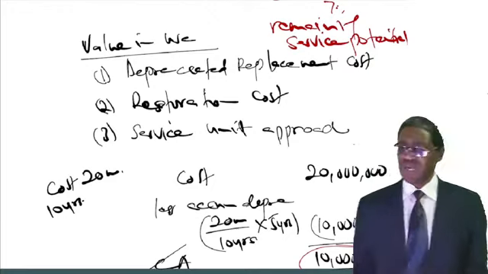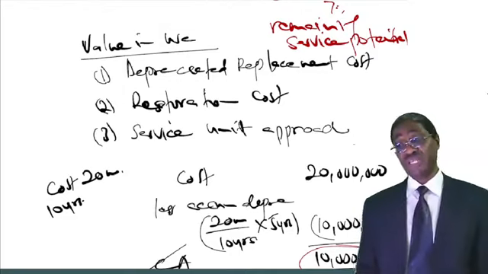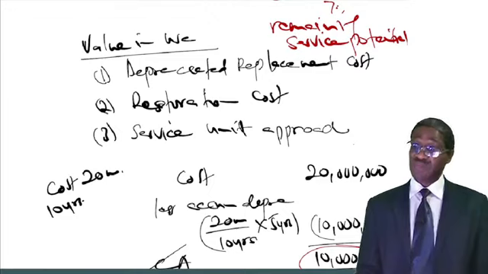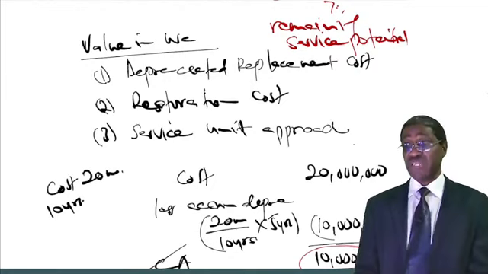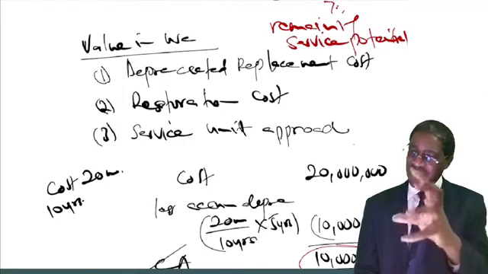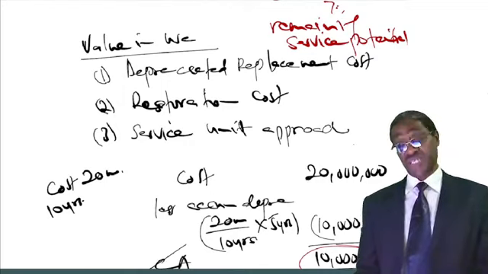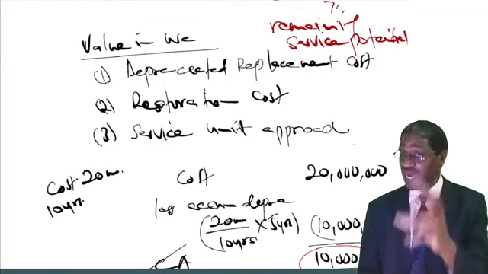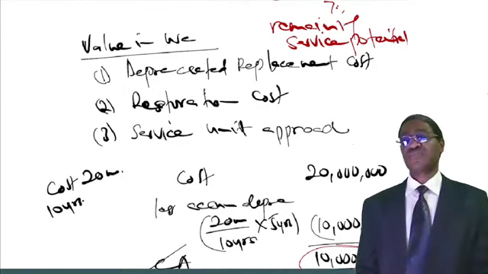Other paragraph. The following are the methods of determining the value in use for non-cash generating assets.